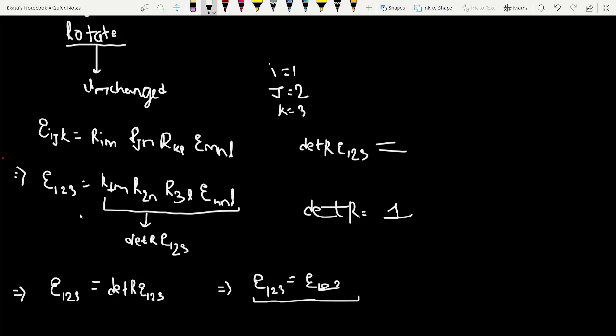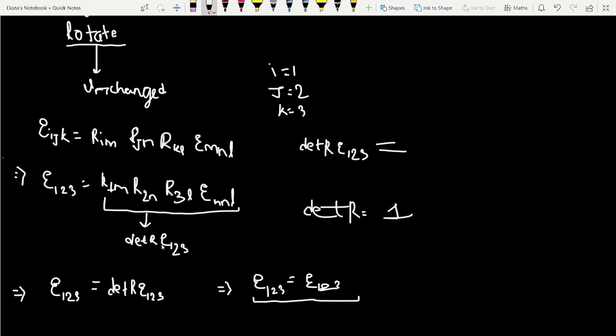What we have done is that we defined the transformation of this tensor, and assumed that 1, 2, 3 equals ijk, putting in the values. What we saw is that this expression is the same as the determinant of R times epsilon naught 1, 2, 3, and you know that the determinant of R equals plus 1.